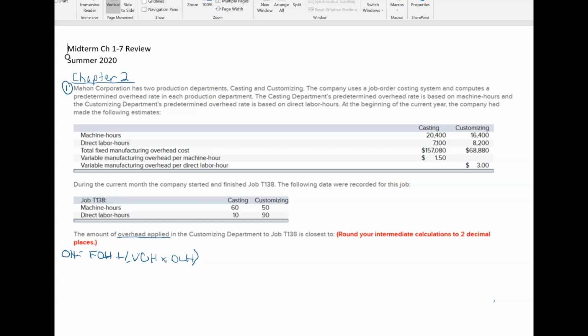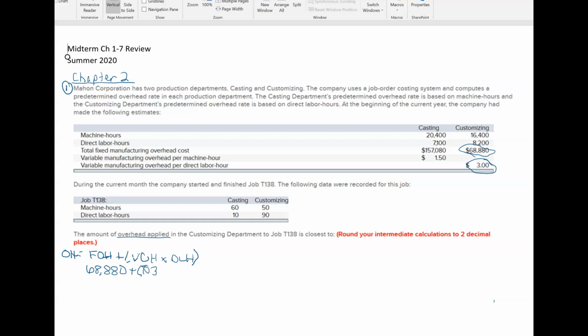The fixed overhead we're given is $68,880, plus the variable overhead. The variable overhead is $3 for customizing per direct labor hour.